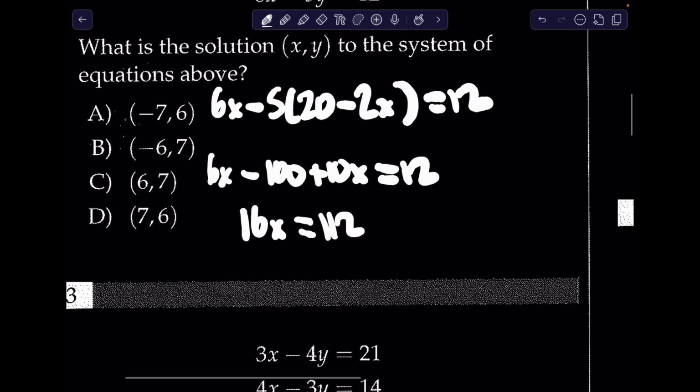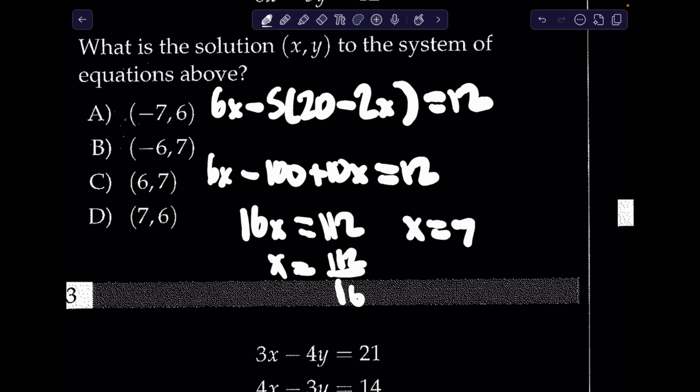And now x would equal 112 over 16, which I don't have a calculator on me right now, so we'll do that by hand. It'd be 7 because 16 times 5 is 80, and then 2 times 16 is 32, and 80 plus 32 is 112, so x equals 7.